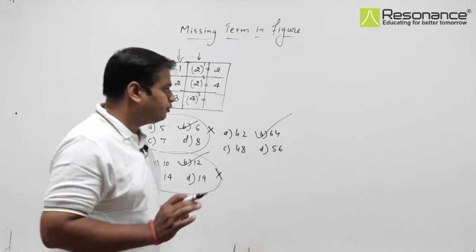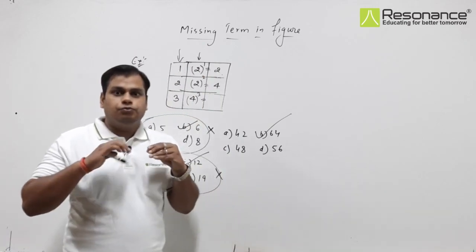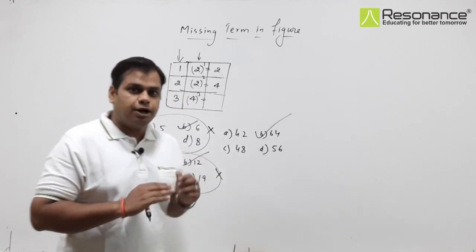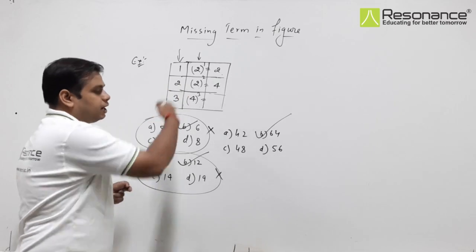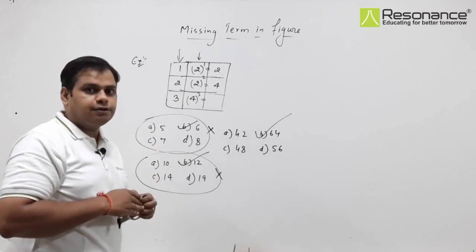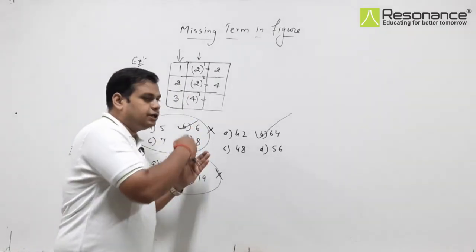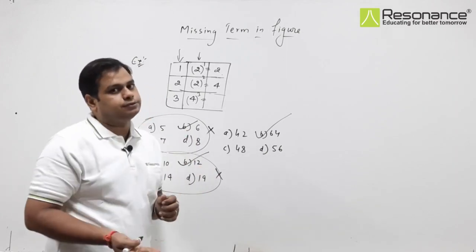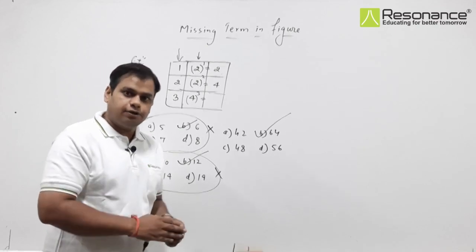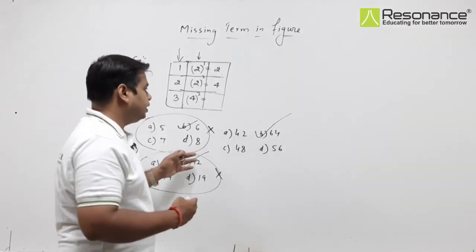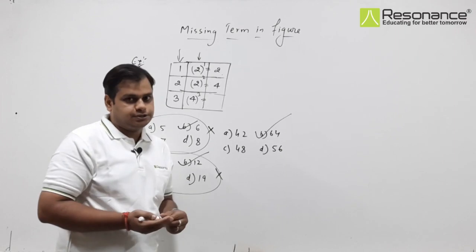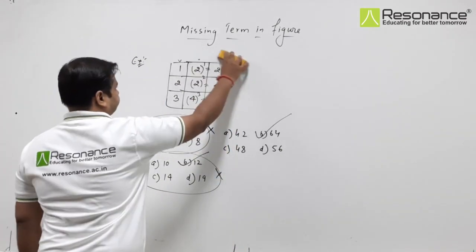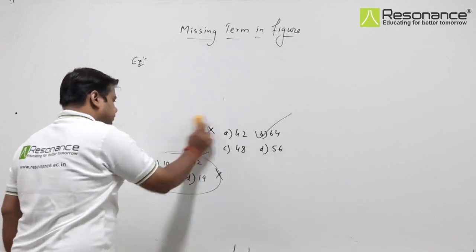So my only concern is that we can apply the logic according to our knowledge, but we have to see whether the answer we find by that logic is in the options or not. If our answer is not in the options, then we have to change the logic. This is what I want to say. Now let's do another question.